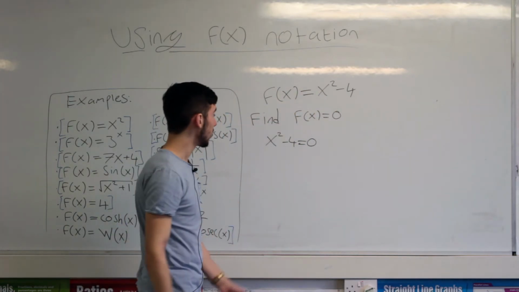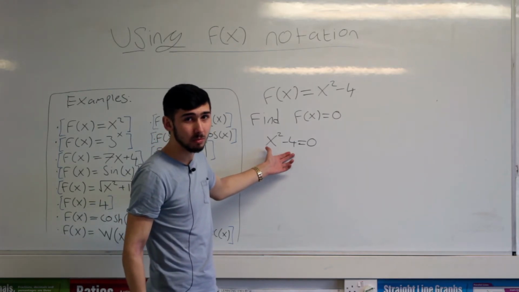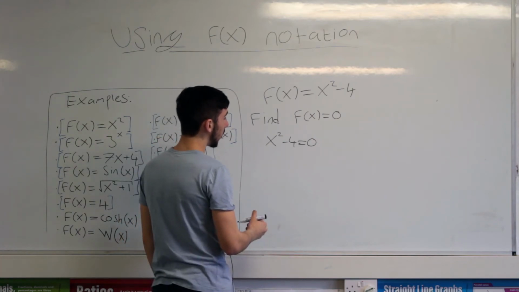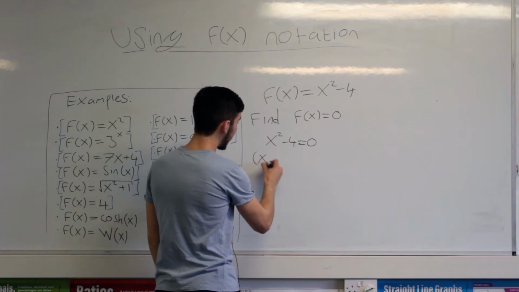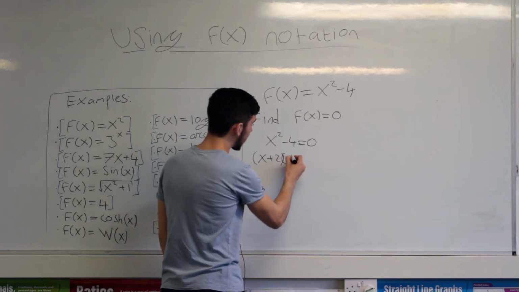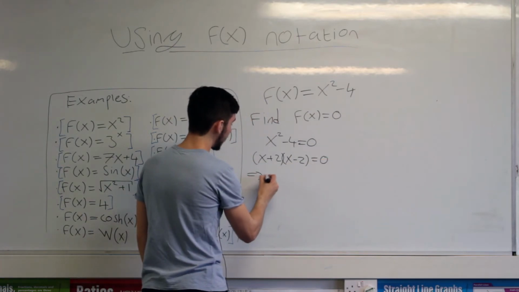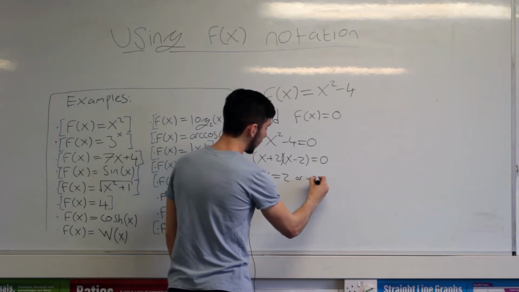Same thing. So how might we solve this problem, guys? I mean, you can just look at it and you can probably tell the answer. There's two ways to do it. You can either use the difference of two squares formula, so you can get x plus 2 times x minus 2 equals 0, which means that x is equal to 2 or minus 2.